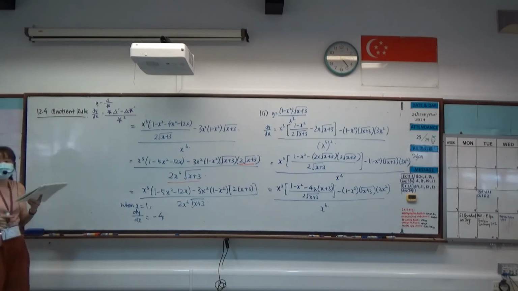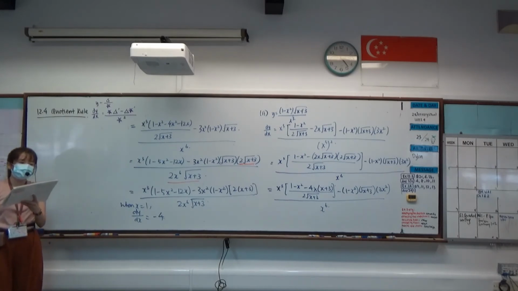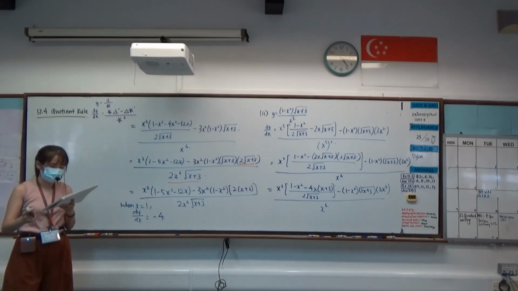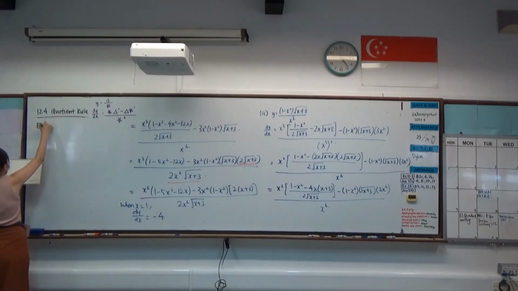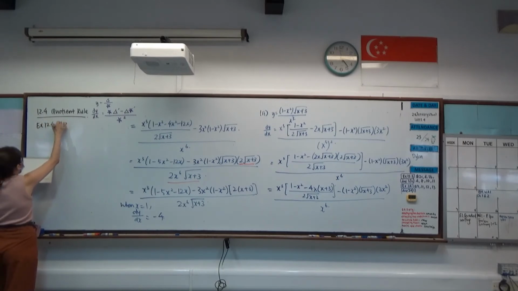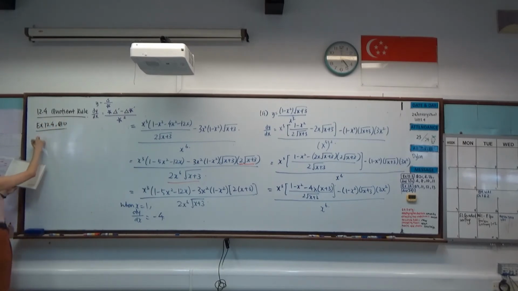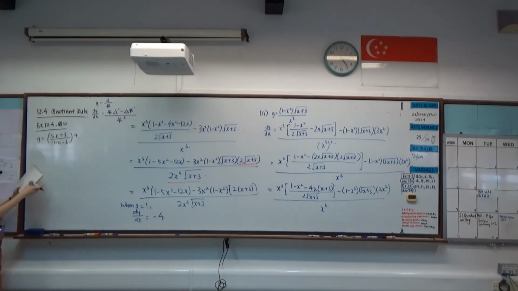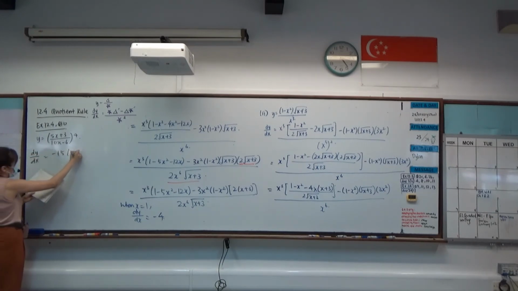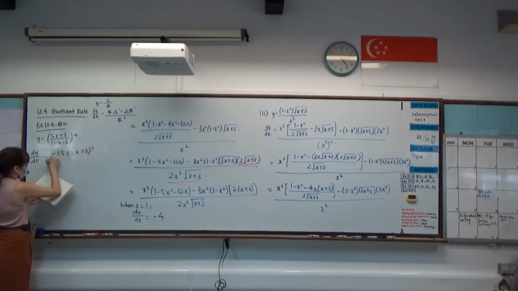Okay, but if you want to go and train your patience further, you can go and try exercise 12.4 question 10. I'll just say it. If you want to test your patience, this one they gave you this. My challenge to you is to differentiate this, simplify, and see if you can arrive at this or not.